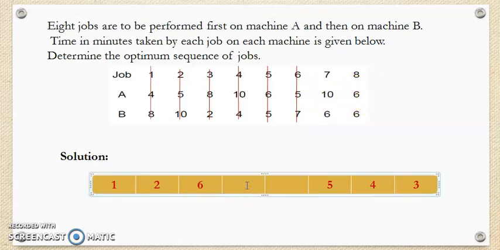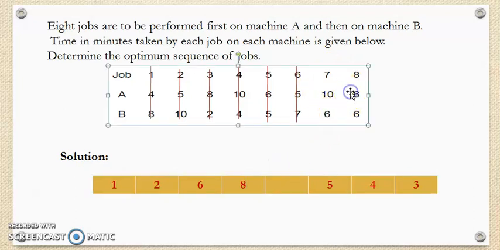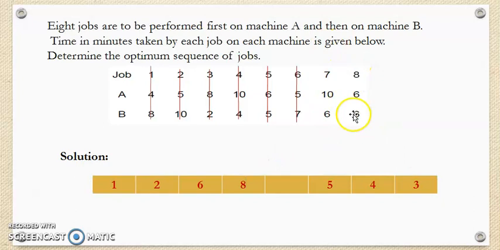So job number 8 I process here. You can also write here 7 if you want to process it as late as possible, right? So first I will eliminate this job number 8 from further considerations by drawing a line, right?